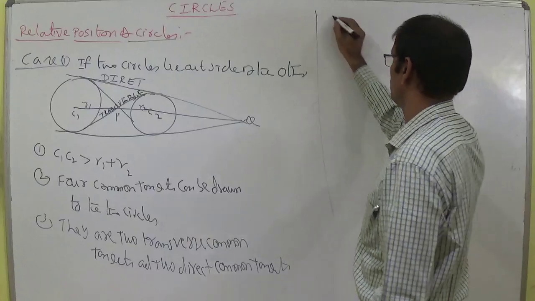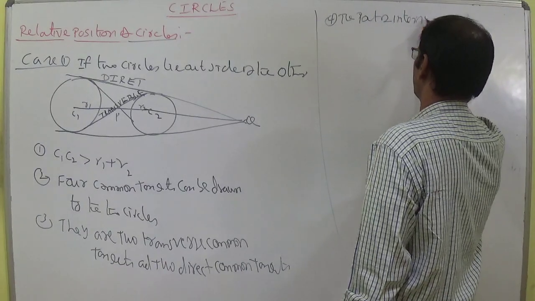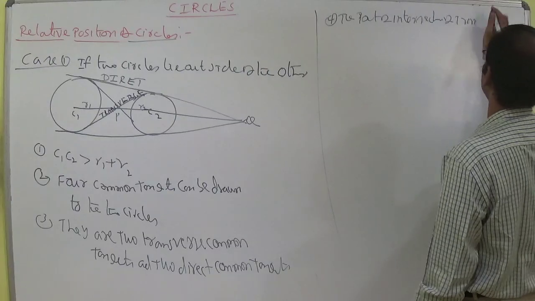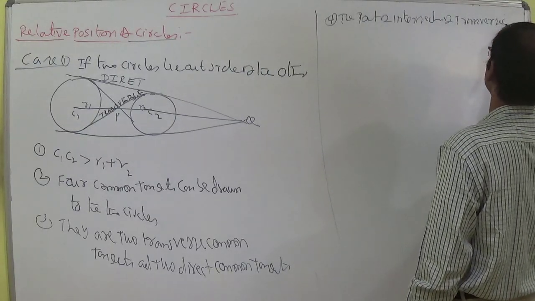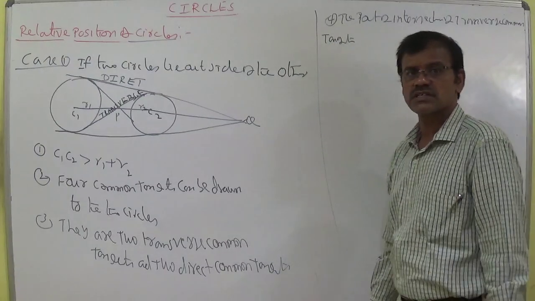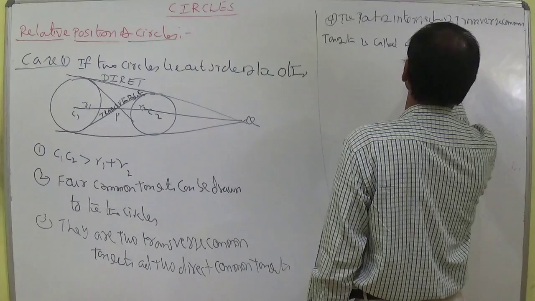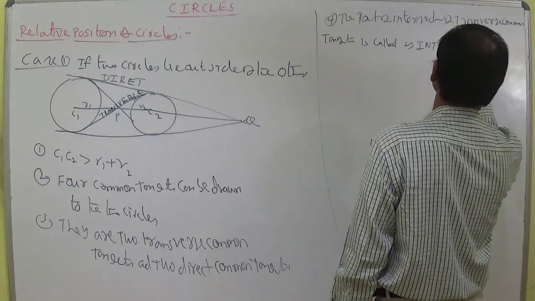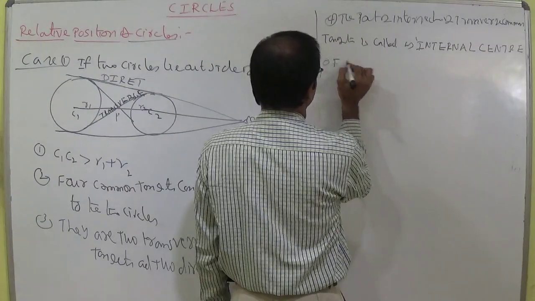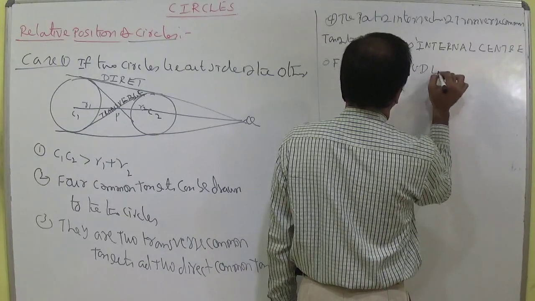Next, fourth point. The point of intersection of transverse common tangents is called, remember the name, internal center of similitude.